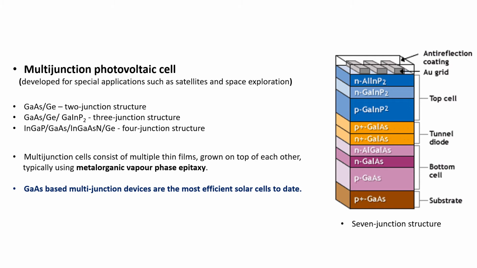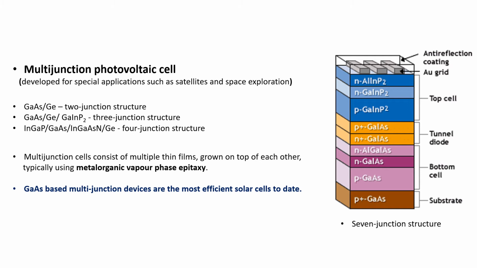These include gallium arsenide and germanium, forming a two-junction structure; gallium arsenide, germanium, and gallium indium diphosphide making a three-junction structure; indium gallium phosphide, gallium arsenide, indium gallium arsenic nitride, and germanium making a four-junction structure; and the picture on the right-hand side shows a 7-junction structure.